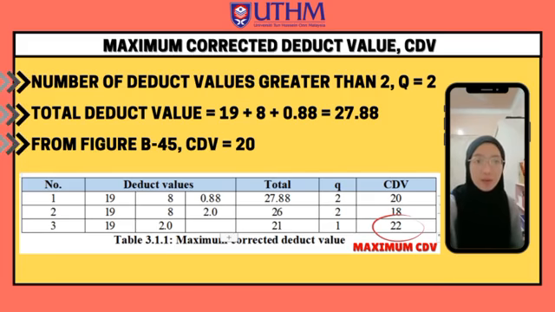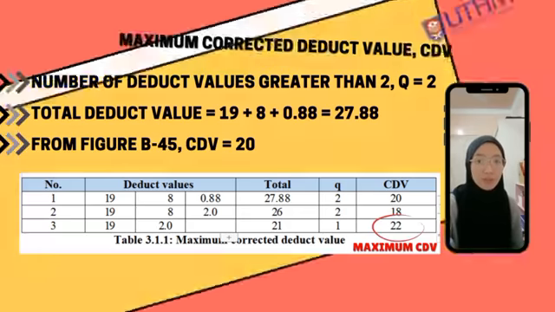Then we total up the deduct values: 19 plus 8 plus 0.88 equals 27.88. Based on the maximum corrected deduct value, it is determined that the maximum CDV is equal to 22.